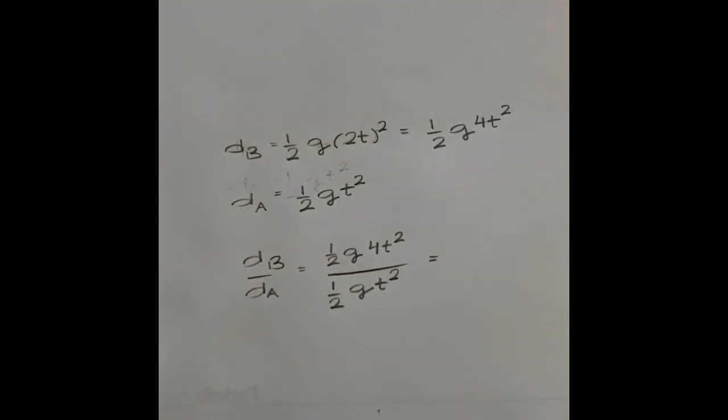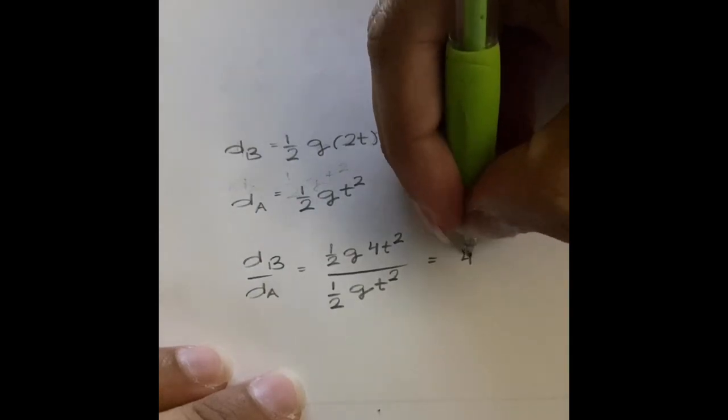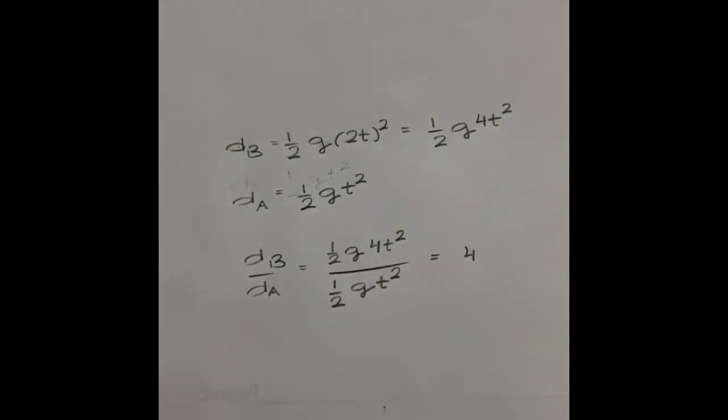We get that the ratio is 4 since 1/2 g and t squared all cancel out. This means that dB is 4 times greater than, or dA is 1/4 the size of, dB.